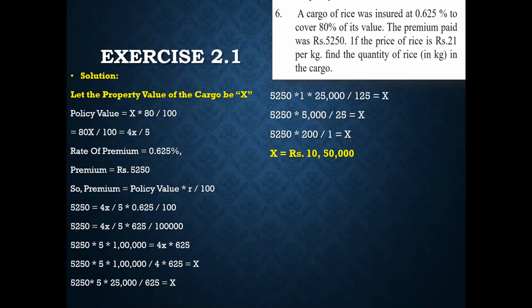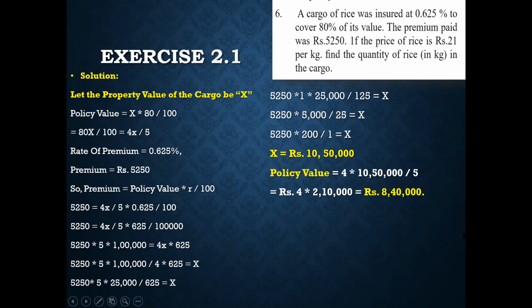And the final answer which I get is 10,50,000. Now this is my property value. So I can find my policy value by substituting the value of X in 4X by 5, which gives me 8,40,000. But I don't have to find the property or policy value in this particular sum.